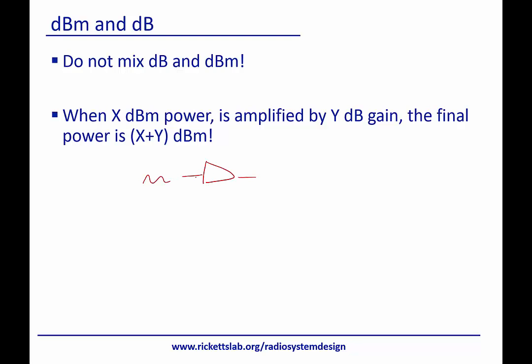If its power gain is Y and the input power is X dBm, the output power is going to be, sorry, let me erase that. The output power is simply going to be Y times X. Let's say Y was a factor of 10, then it would just be 10 times.